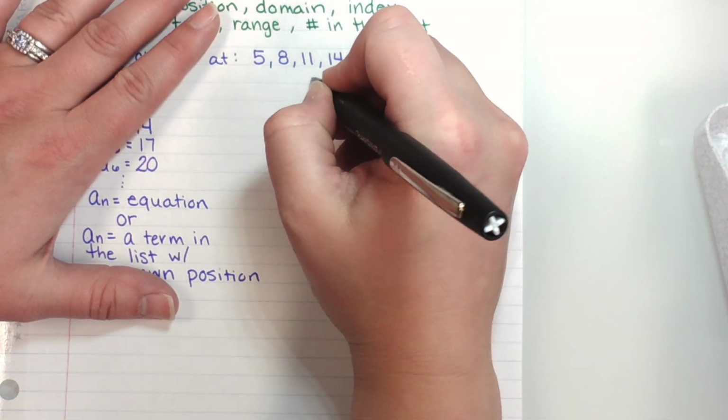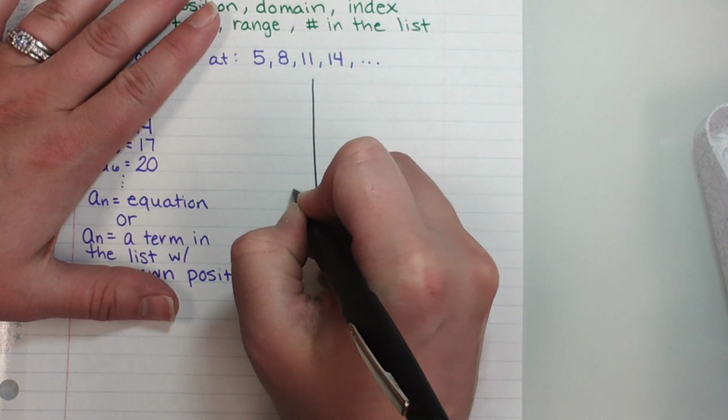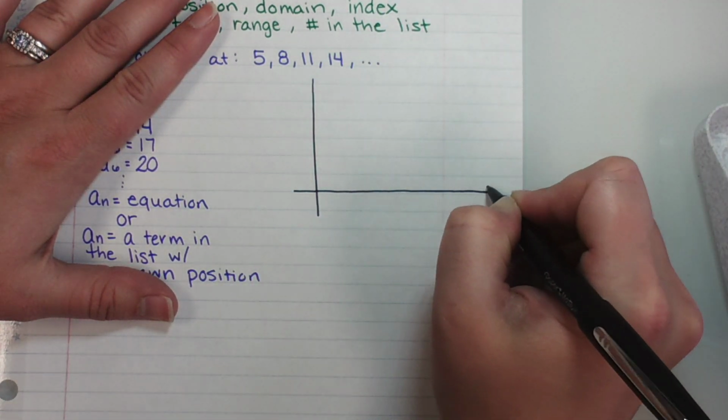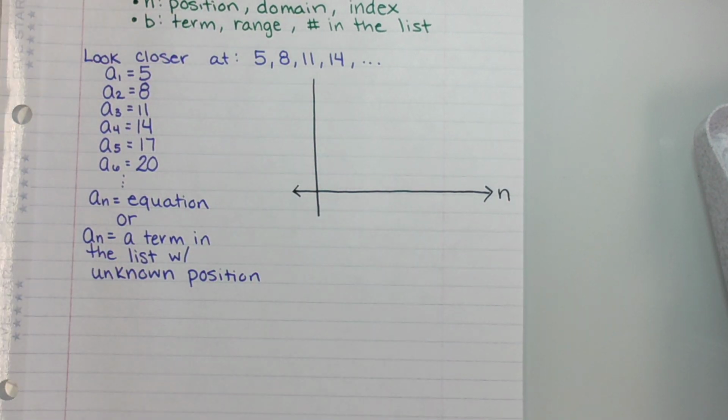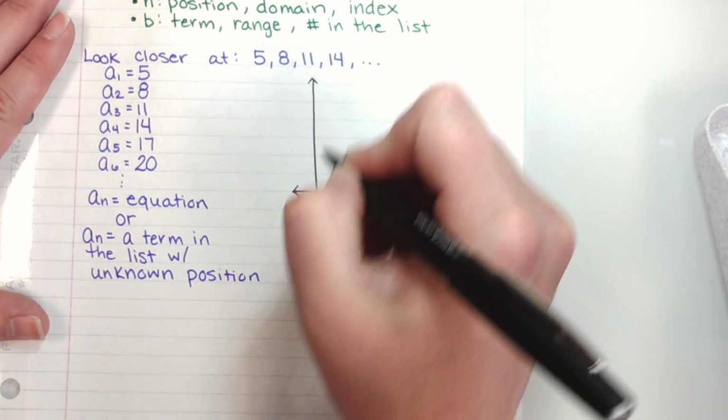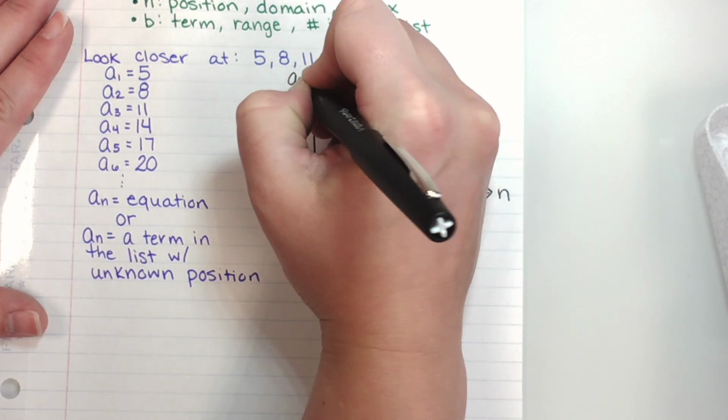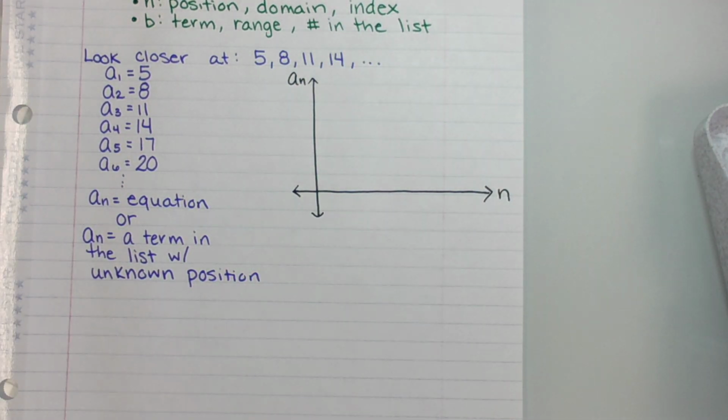So when it comes to making my graph, my n-axis, my horizontal axis, will always just be the positives. My vertical axis could be positive or negative depending upon the numbers in the list. Are my numbers in my list negative? No, so I don't need the negative axis here. The vertical axis is the a sub n axis.